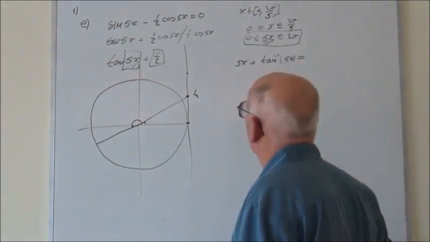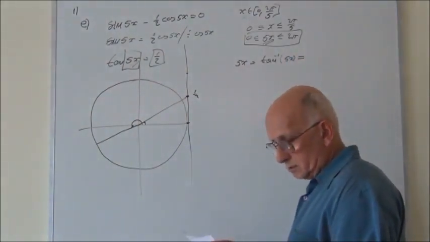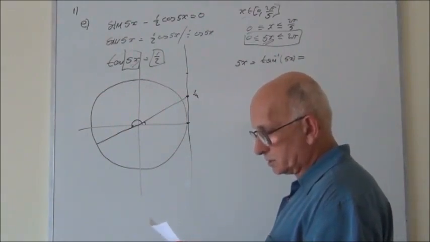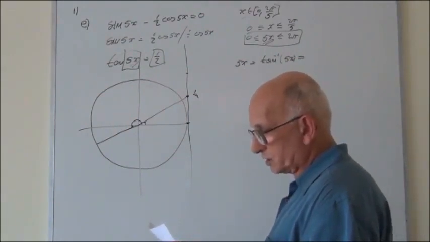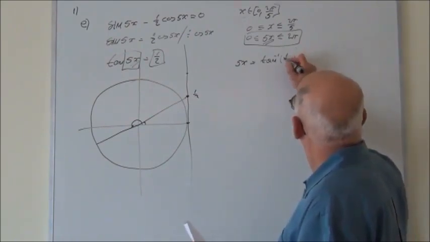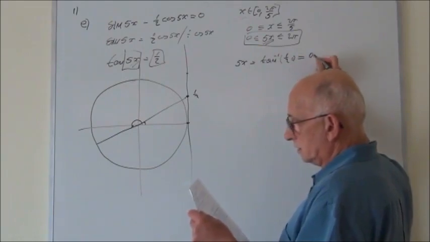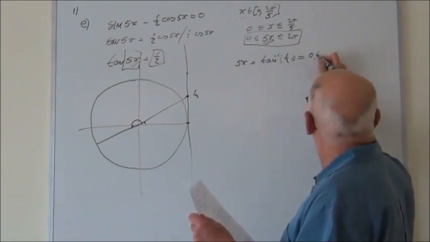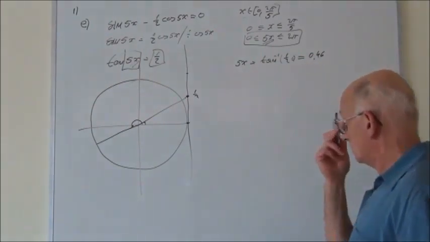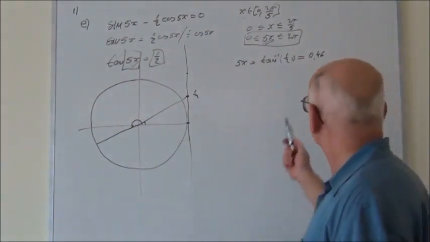5x, and on the calculator I should have it here. The angle is 0.46, not 5x, sorry, half, and the angle is 0.46 radians. Is this okay? Let's check it.